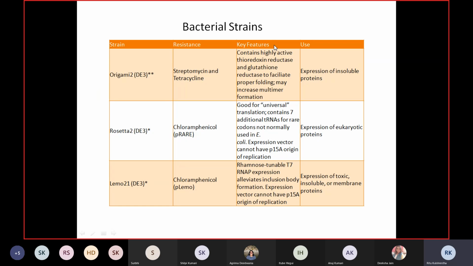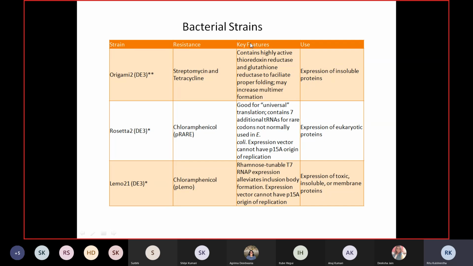Then, wherever you are cloning something for final protein production, you also want your protein to be folded properly. It should be very efficient in whatever protein is being made. It should fold properly, and once the folding is proper, then only will it be in a functional state.